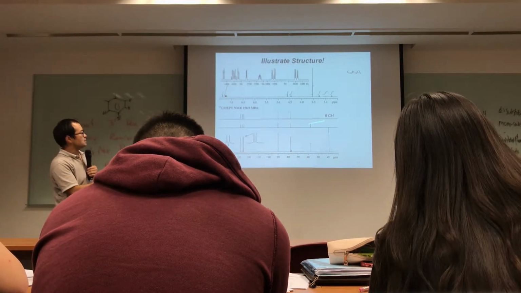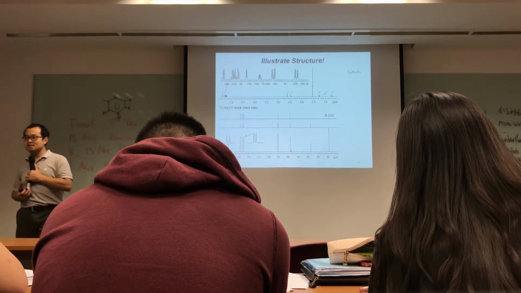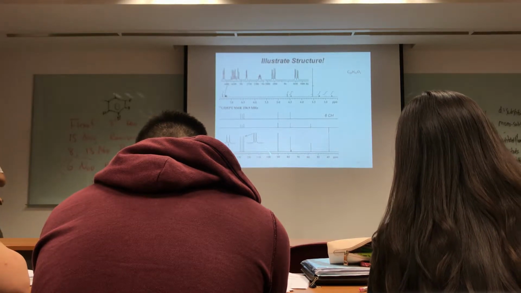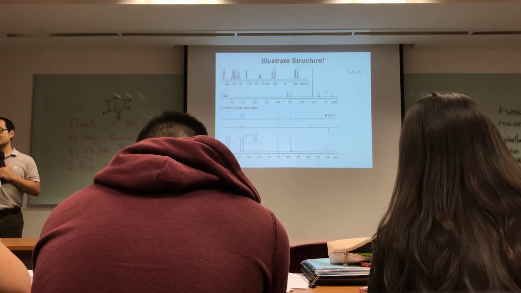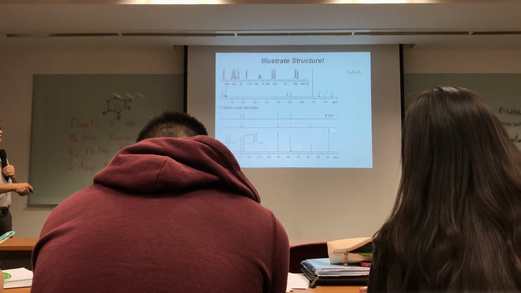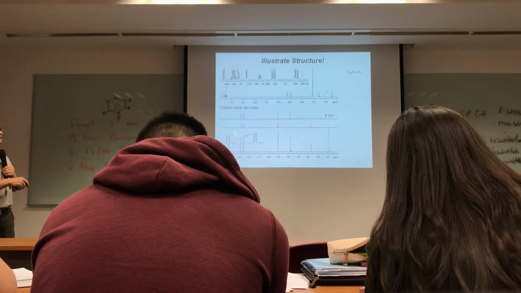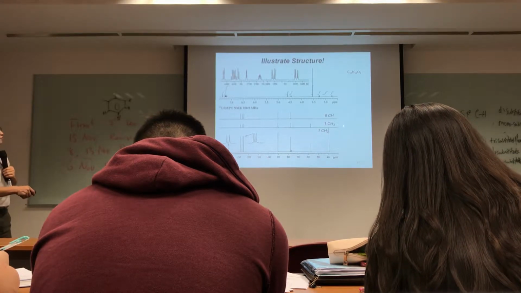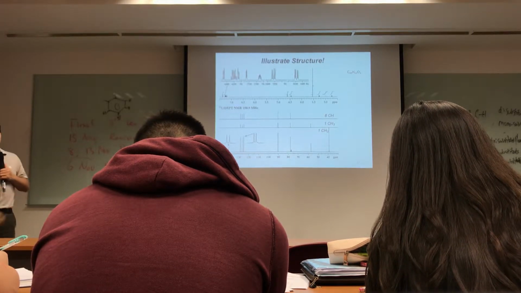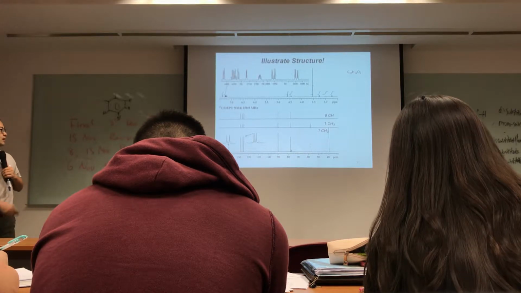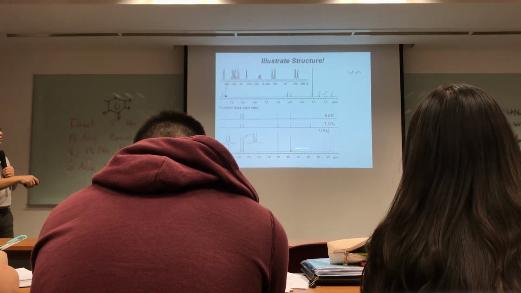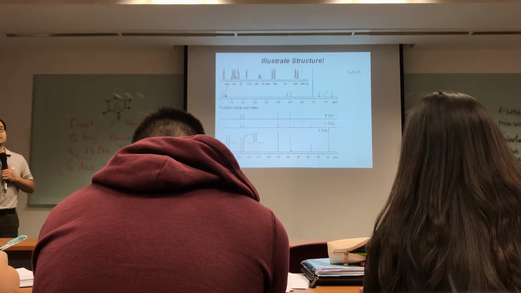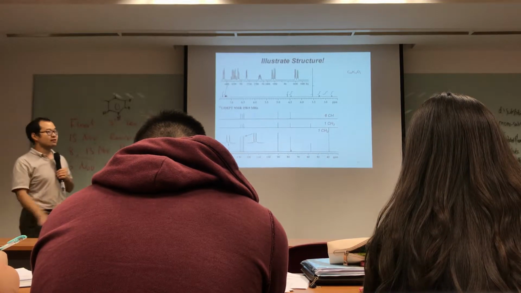Then for DEPT 135, they will tell you how many CH3 and CH together. Now in total, you have 7 signals minus 6 CH. You have 1 CH3. Now you have 1 peak face down, that's CH2. Again, you use carbon minus all the signals from 135.